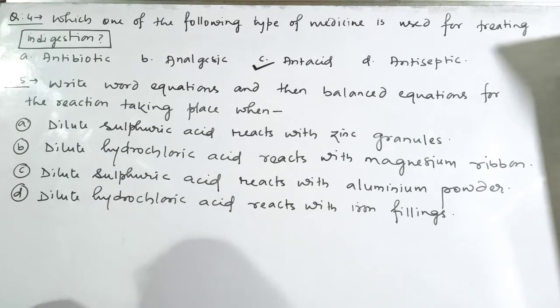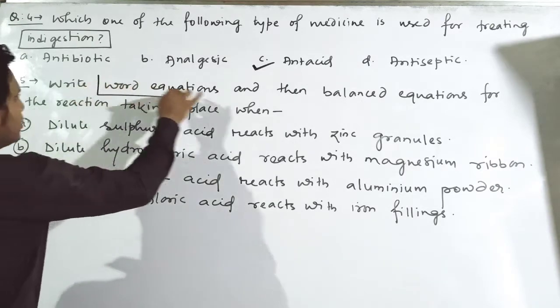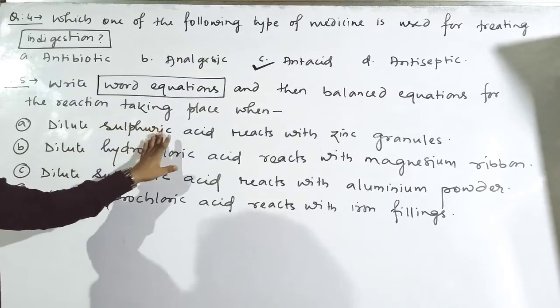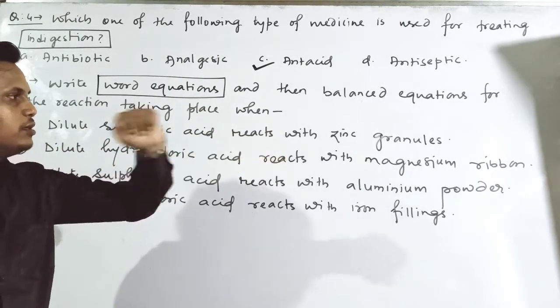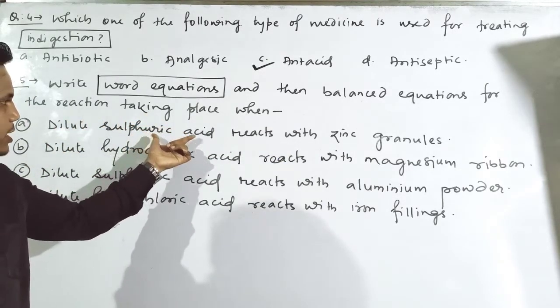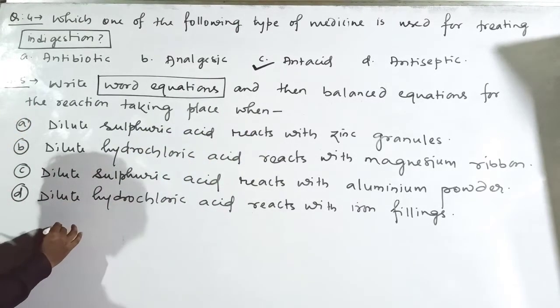Now question number 5: write the word equation and then the balanced equation for the reaction taking place when... So we have to write the balanced equation as well as the word equation. First is, dilute sulfuric acid reacts with zinc granules.